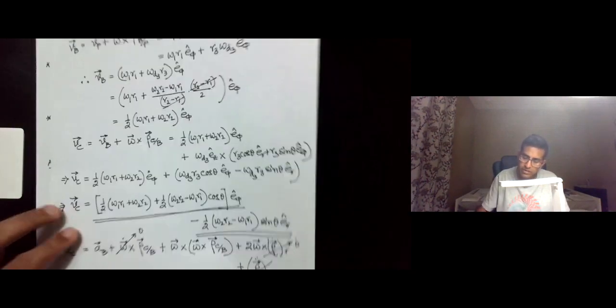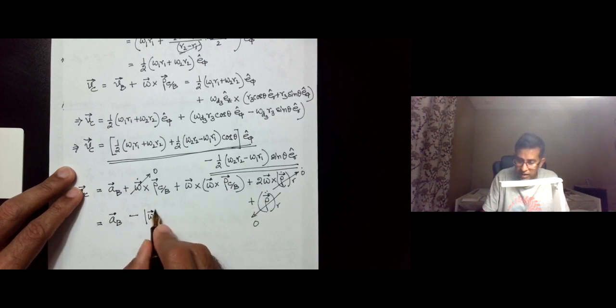In those problems, this omega cross omega cross rho simplifies to the following. The first term here remains the same. Then this reduces to negative, the magnitude of the angular velocity squared, times the vector rho C with respect to B.